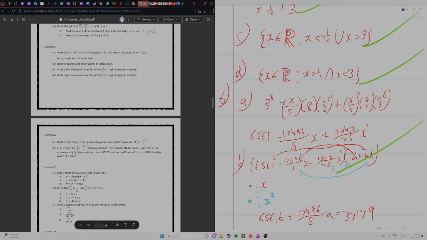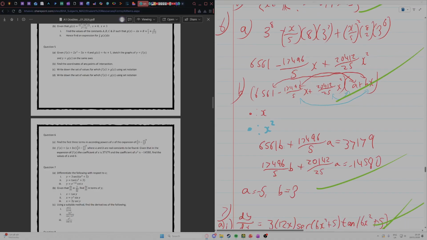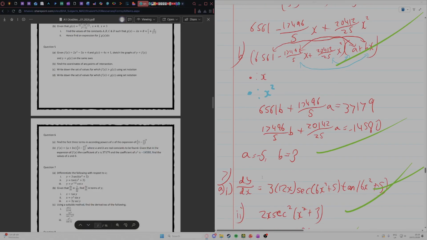So you write this down. The blue arrows multiplied together give x squared terms. The red arrows multiplied together give x terms. So all the coefficients of the x terms add together to make that number there, and all the coefficients of the x squared terms add up to make that. And then you solve simultaneously. When I say solve simultaneously, I mean put it in your calculator, and then you get the answer.